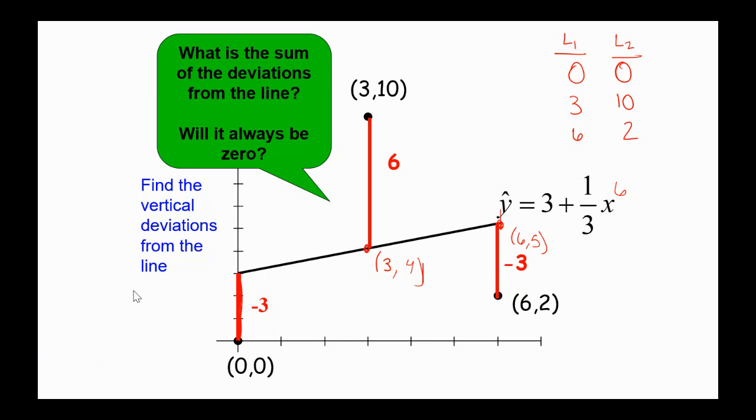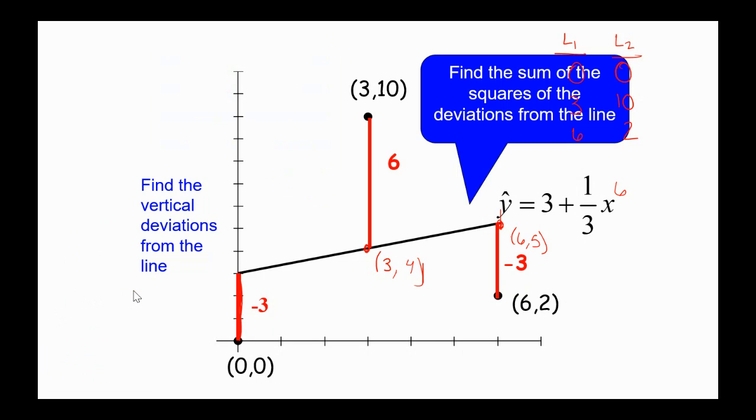That's why we've got to square them. You can't just add up the straight deviations. You've got to square them. So let's do that. -3 squared plus 6 squared plus -3 squared.